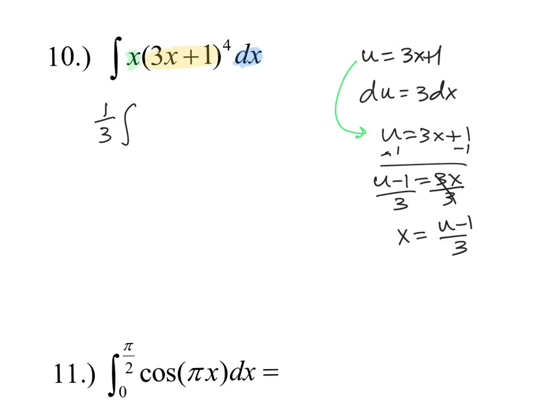So that's going to be u minus 1 over 3 times, the yellow is being replaced with u to the 4th power, and then dx is being replaced with du, and we can do that because we put the 1/3 out front. Whew. Okay, now let's clean this up a little bit.